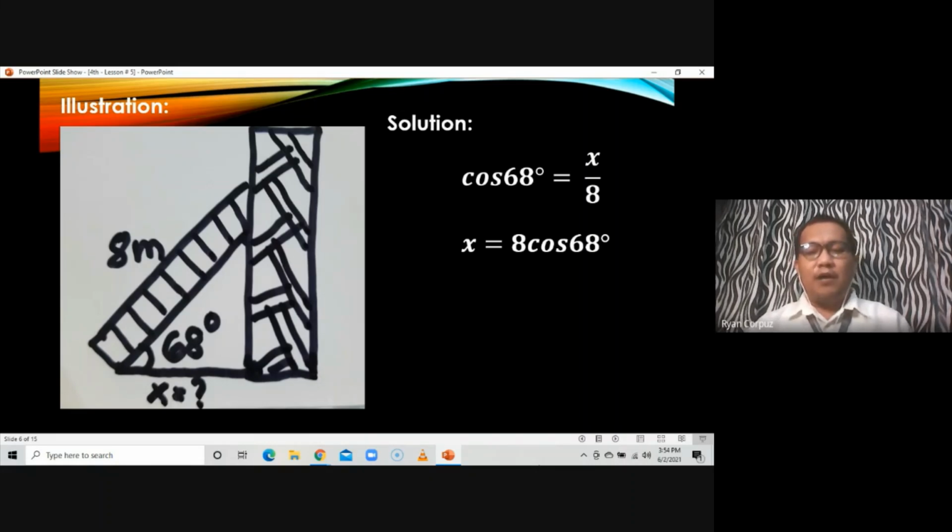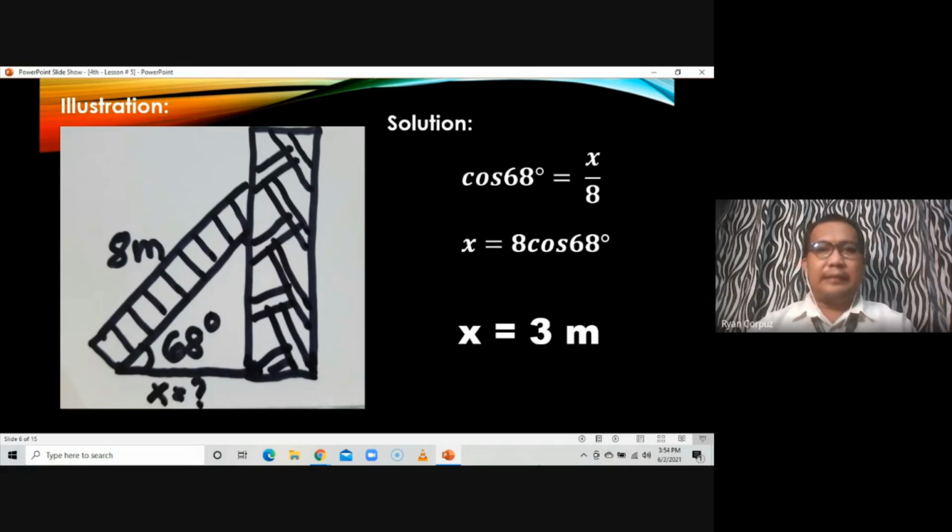If you follow the things that you are going to press on a scientific calculator, you'll find out that the value of x is 3 meters. What comes out there is 2.9999 and something.